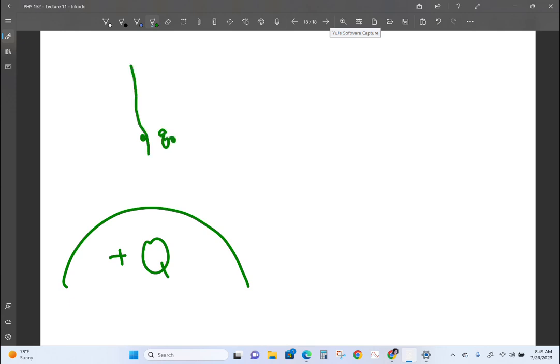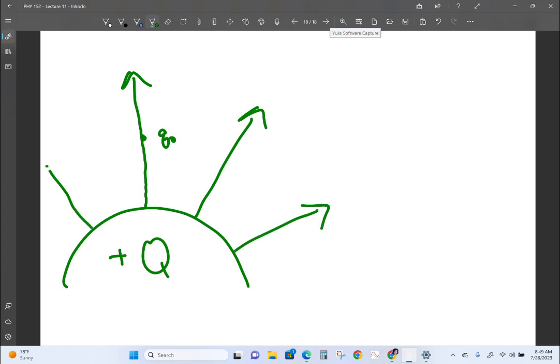And we're going to draw our field lines, always pointing away from the positive charge and towards the negative charge. So if I put this positive test charge in here, it is going to want to move away from the source charge because it's repulsed. And it's going to move in the direction of the field line.